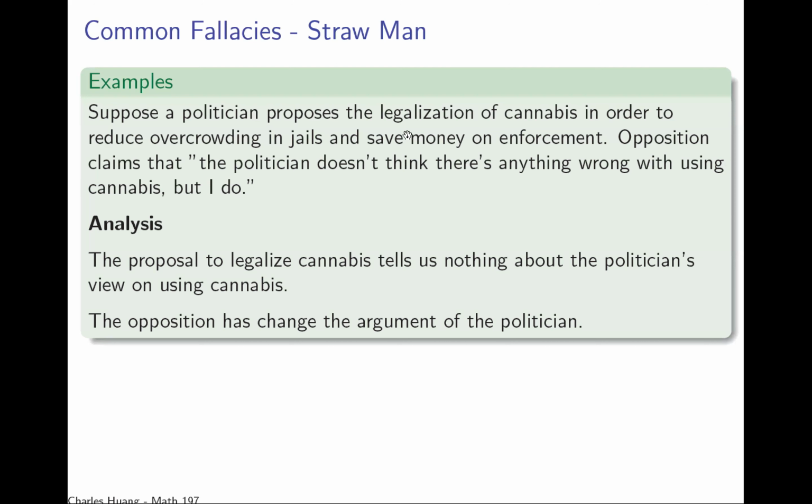The politician is trying to legalize marijuana not because there's nothing wrong with it, but because legalizing cannabis, while it might have its problems, can help with these two other things. But here, the second person sort of changes the argument of the first politician and says that the first politician believes that legalization of cannabis is okay. There's nothing wrong with that.